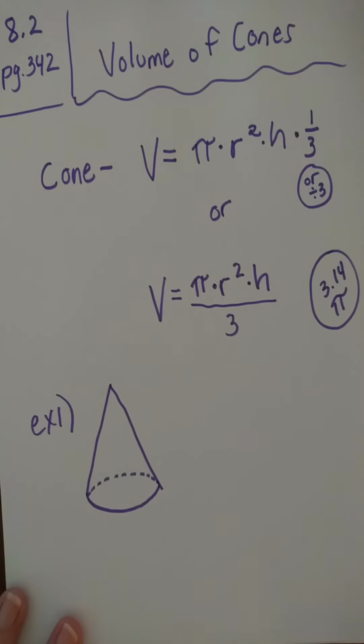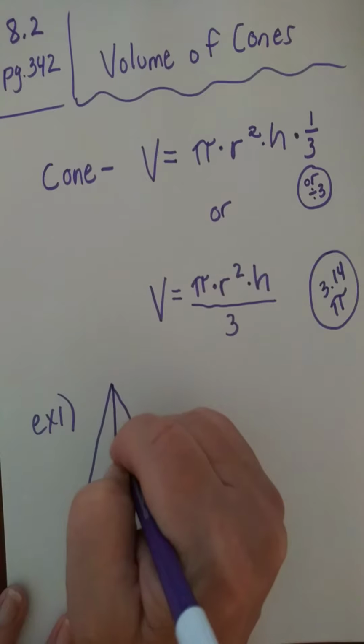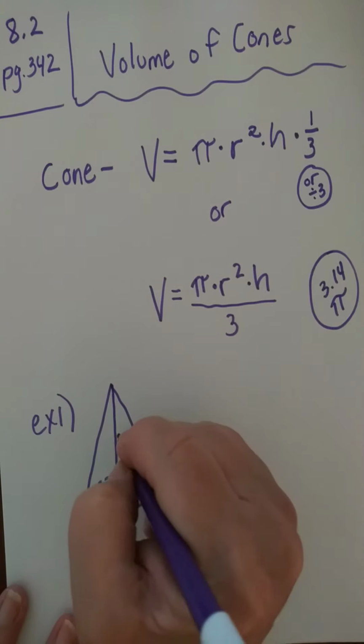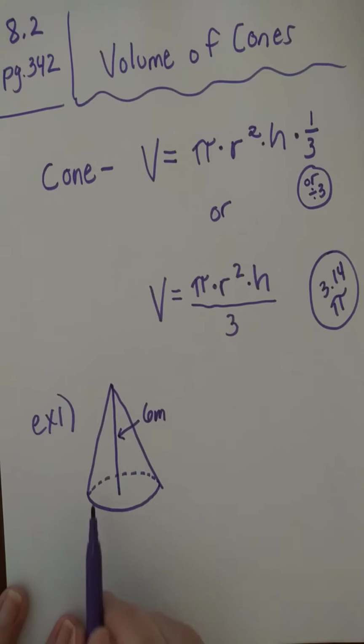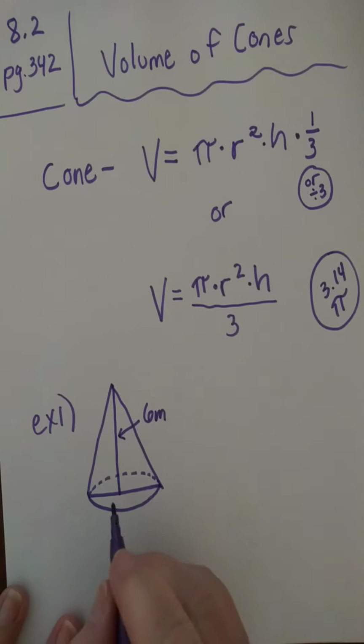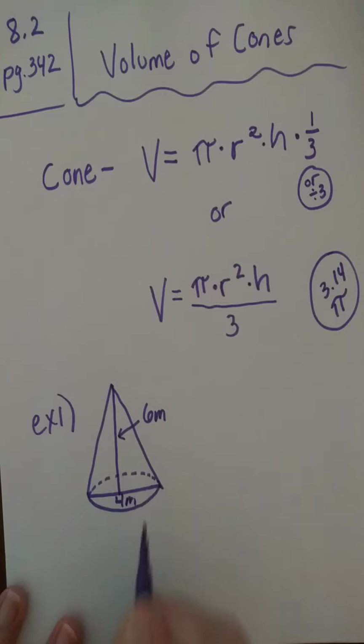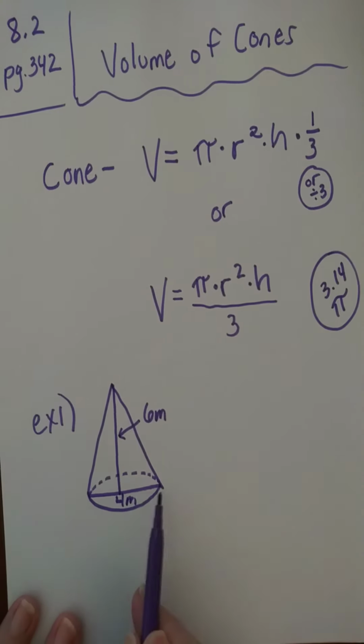So at this point, we are going to fill in our dimensions. First off, they're giving us a height of 6 meters, and they give us the diameter of 4 meters. Now, the one problem that I notice with this cone is that they give us diameter.